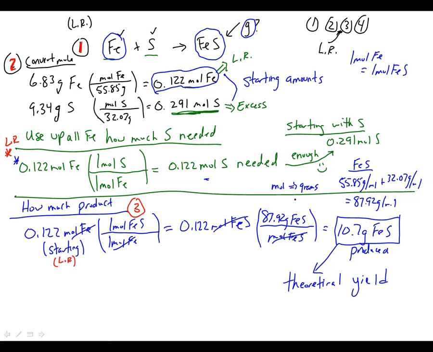And step number 4, converting our moles into grams. So it's really the same 4 steps. You just have to insert that calculation to determine which one is your limiting reagent and which one is your excess reagent.